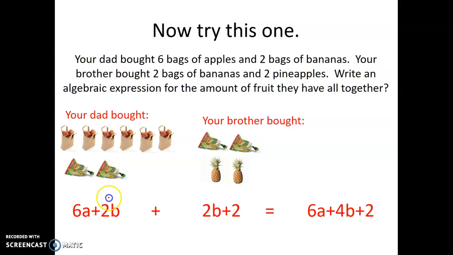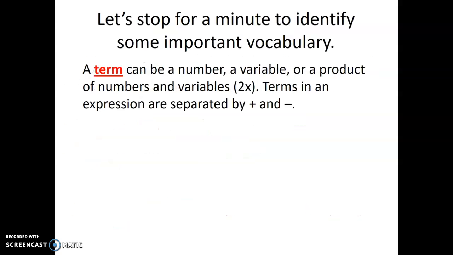Now notice, I combined my 2 bags of bananas and my other 2 bags of bananas. Those are like terms. Remember talking about those? Terms that have the same variable raised to the same power. So I was able to combine them because like terms can be combined. Let's just do a quick review.